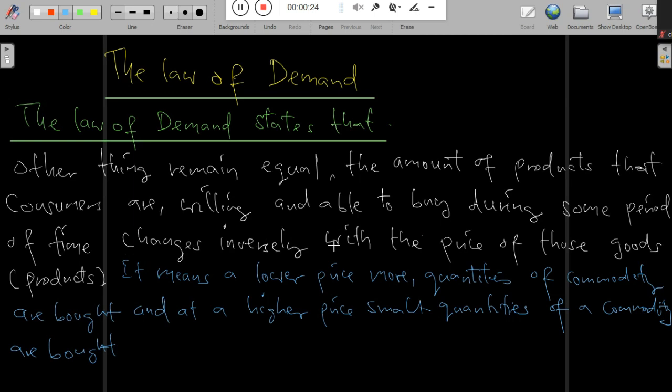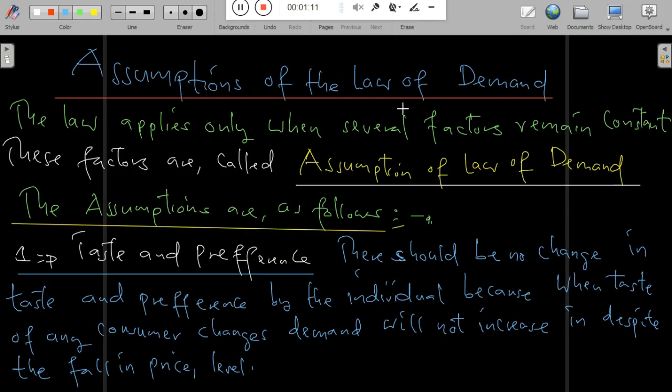So the law of demand explains the behavior of consumers in the market when they purchase goods and services whenever the price increases or decreases. When the price increases, quantity demanded falls, and when the price decreases, quantity demanded increases.